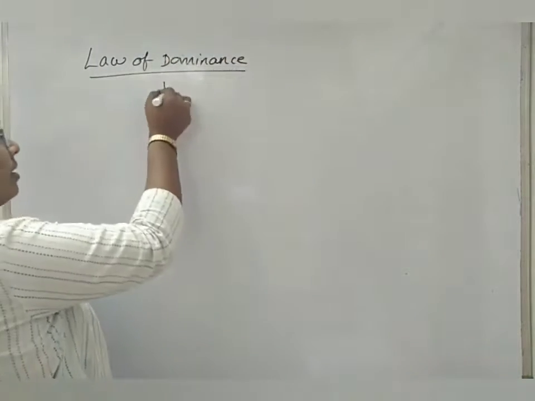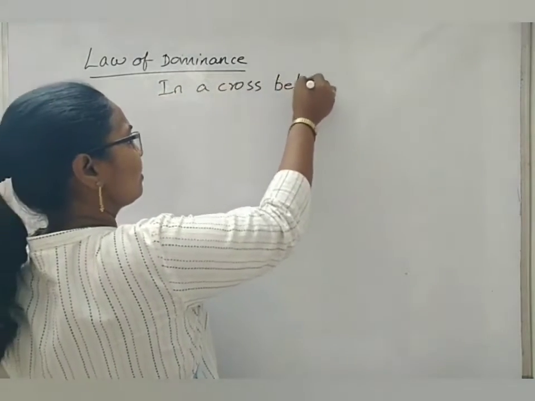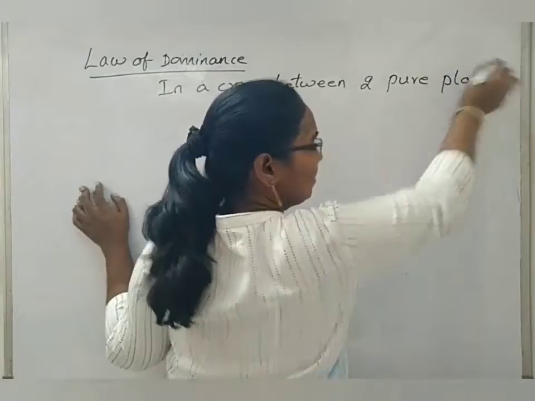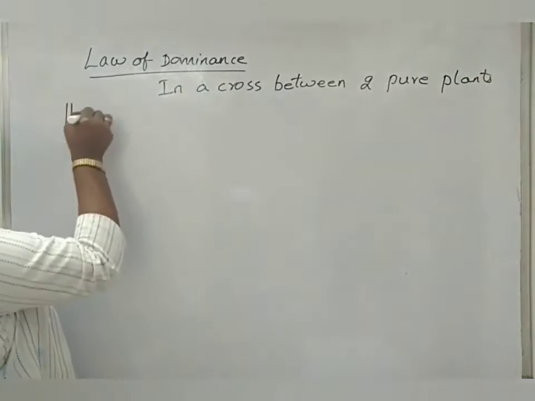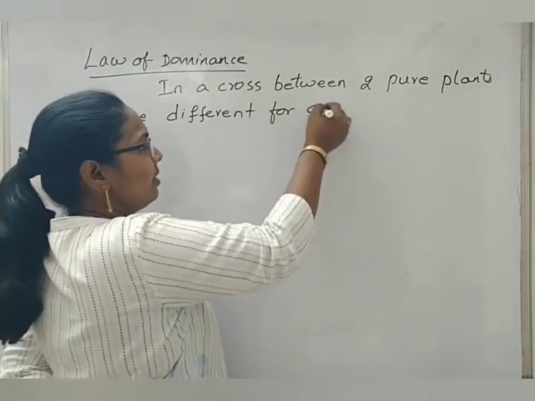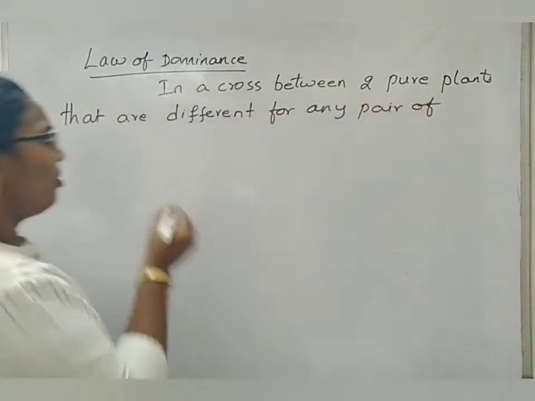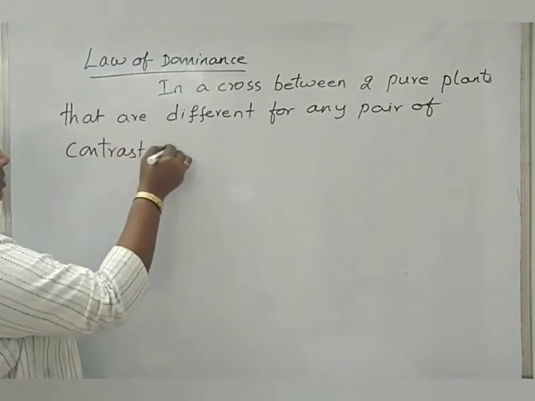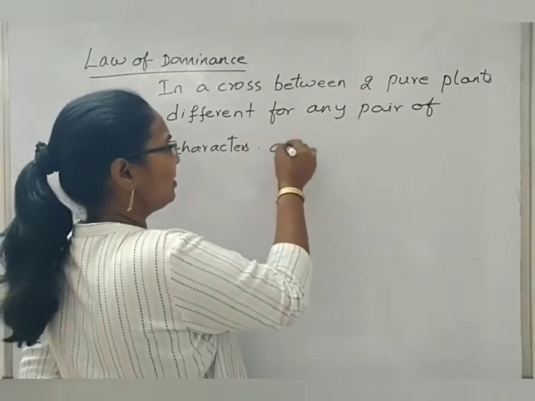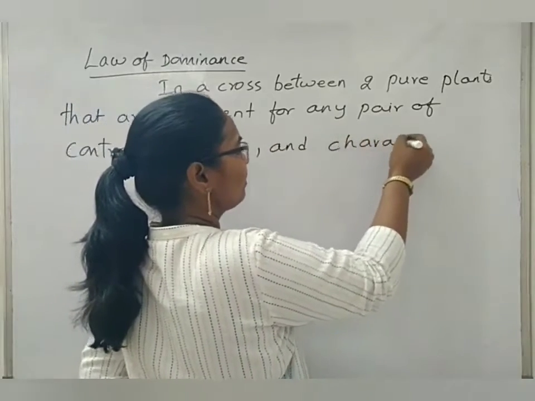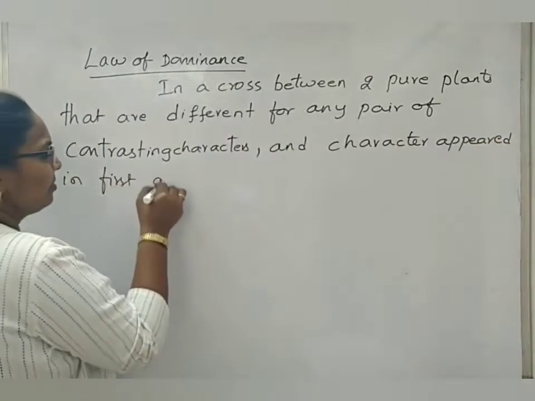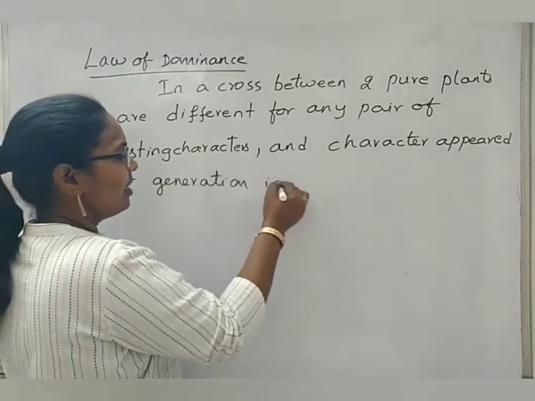Another definition of this: in a cross between two pure plants that are different for any pair of contrasting characters, the character that appeared in the first generation is always dominant.